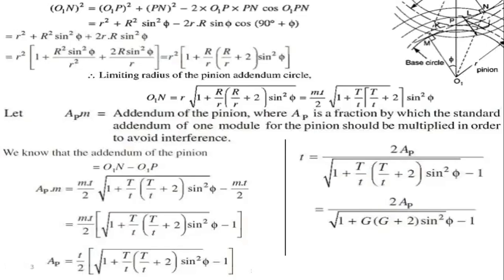So these are some methods we are going to take, in terms of the fraction of the module, for avoiding the interference in the gears.